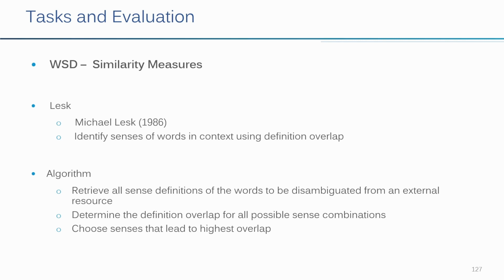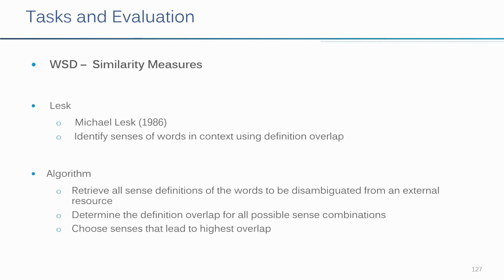Of all those metrics, I would say Lesk is pretty famous because you have Lesk, simplified Lesk, improved Lesk, Lesk Plus. They have a bunch of other techniques that were built upon it. The idea is to retrieve all sense definitions of the words to be disambiguated from an external resource, and you take a look at how much the definition of that word overlaps with the context that you have in hand.